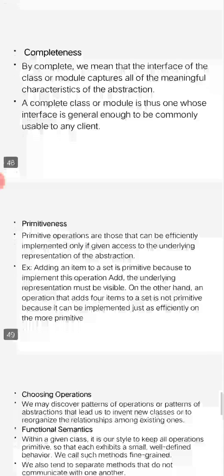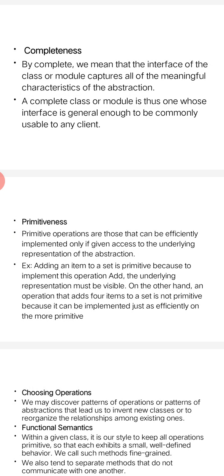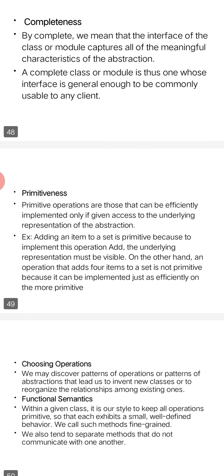Next, primitiveness. Primitive operations are those that can be efficiently implemented only if given access to the underlying representation of the abstraction. See this example: adding an item to a set is primitive, because primitive is nothing but basic.